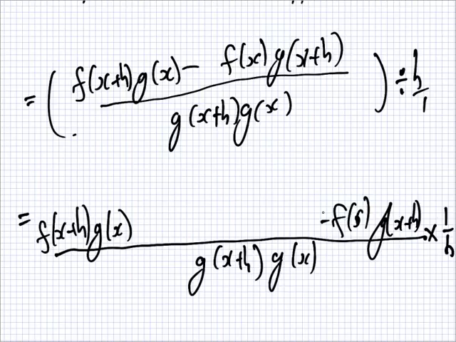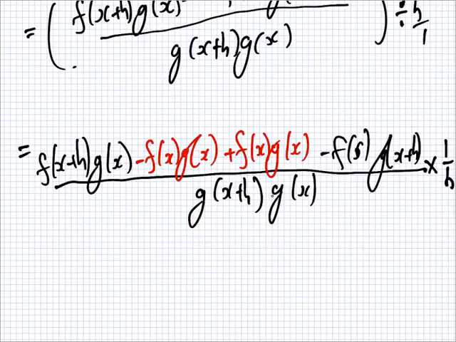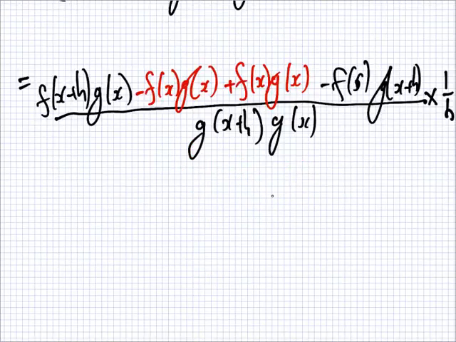And again, we add something in the middle to help us simplify. So what I add here is minus f(x) g(x) plus f(x) g(x). So what's in common to the first two that I can take out? What's in common here and here? g(x). Correct.